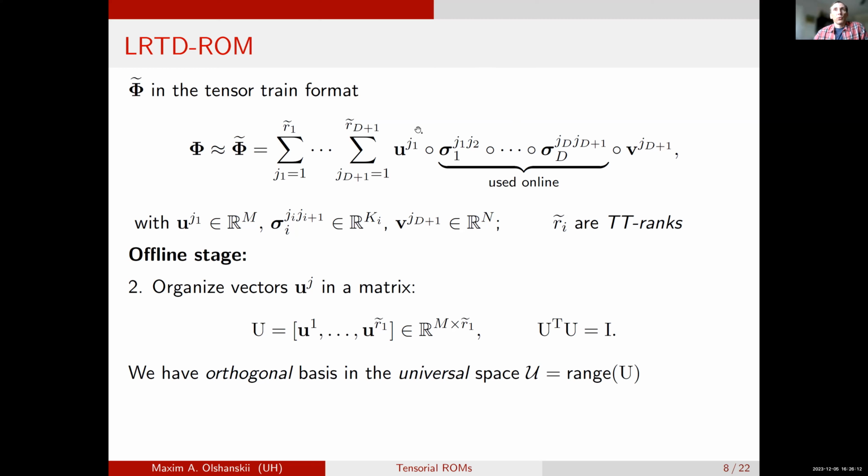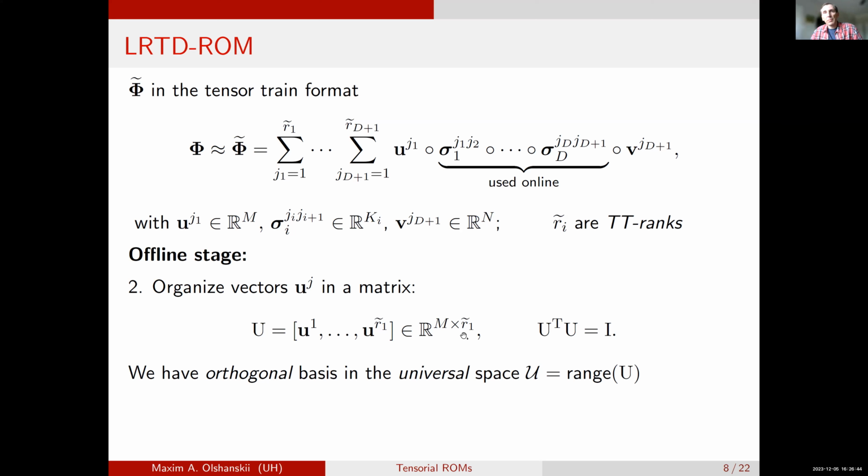So vectors U, these are organized in a matrix, which is an orthogonal matrix. And the column space of this matrix is what we call the universal reduced space, which is a low rank, low dimensional space.